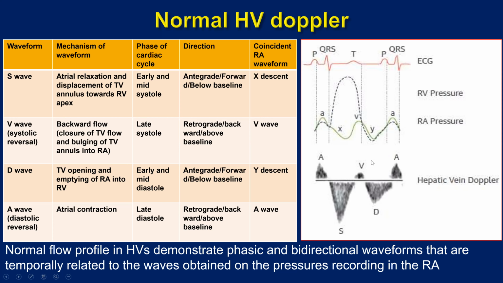So these are the waves of the hepatic veins, ASVBA, combined together with the RA tracings and ECG.